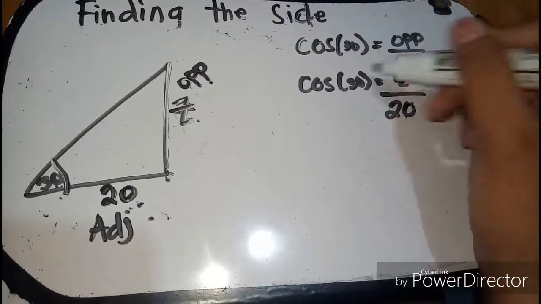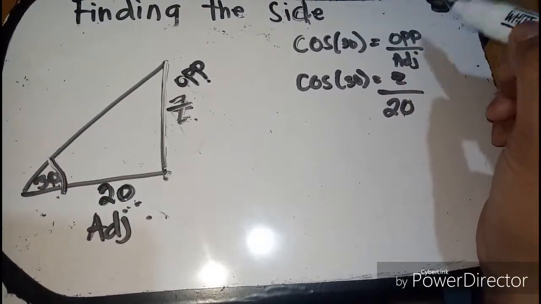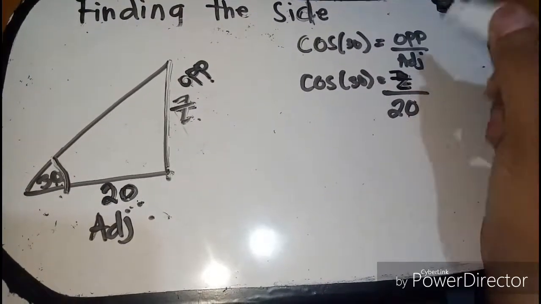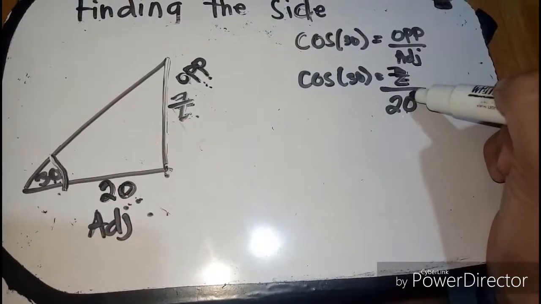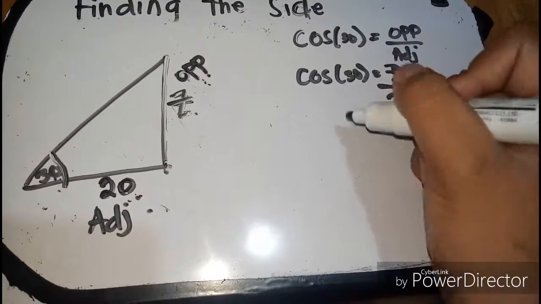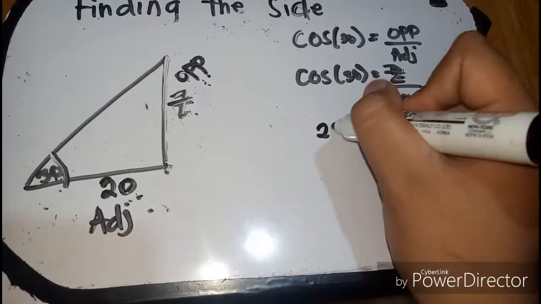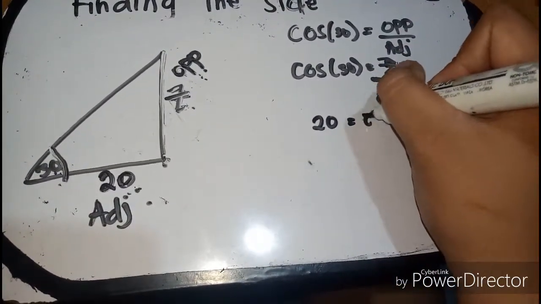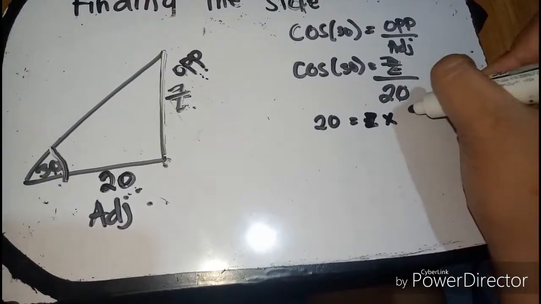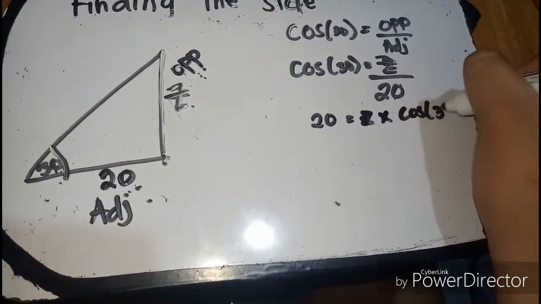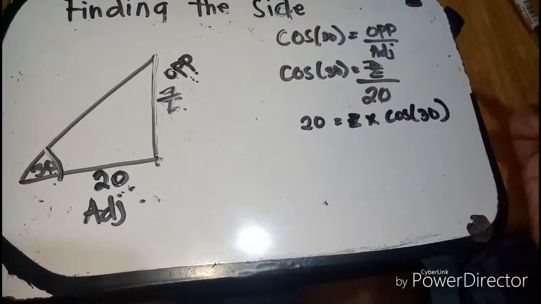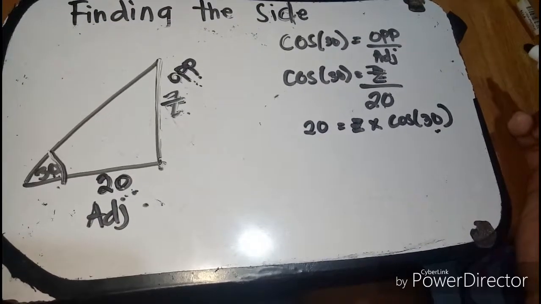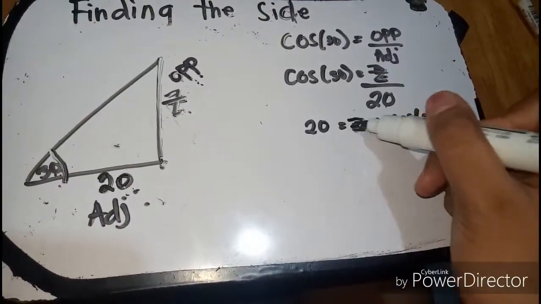So we will rearrange the formula because we are looking for z, the opposite. If we rearrange it, 20 equals cos z multiplied by cos over 30. So we will arrange this formula again because z is still here.